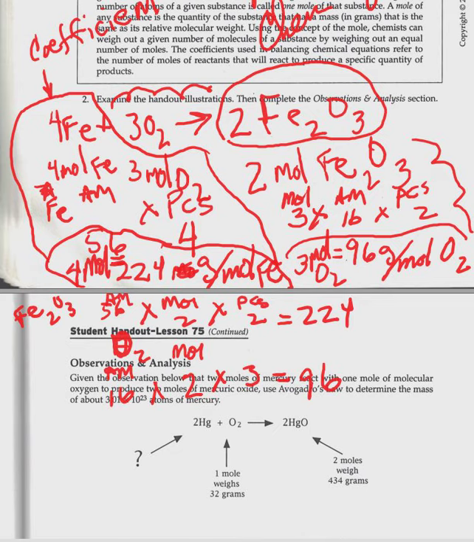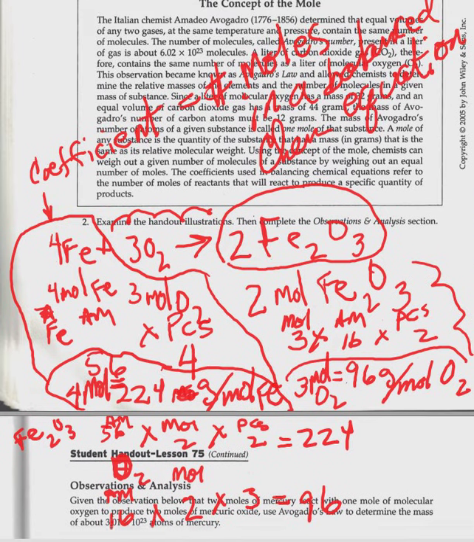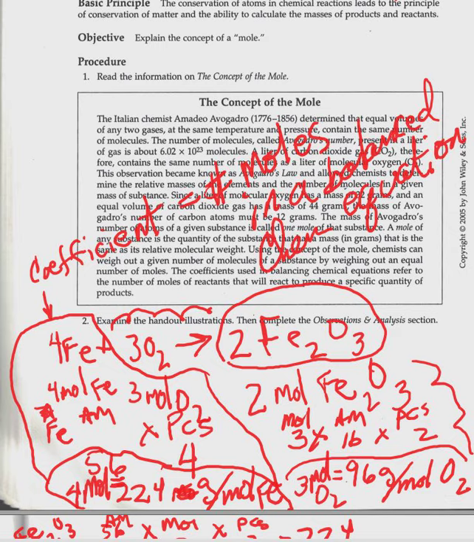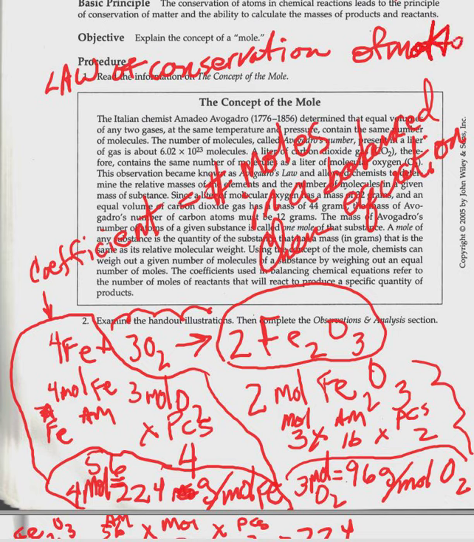This is a new concept I'm going to talk to you about: the law of conservation of matter. The law of conservation of matter says that nothing can be created or destroyed. It's just rearranged or made into something else.